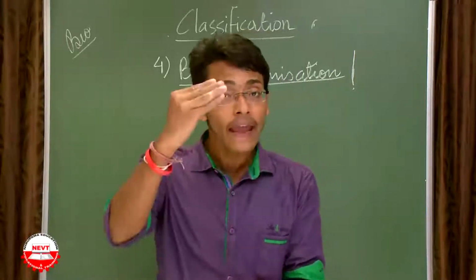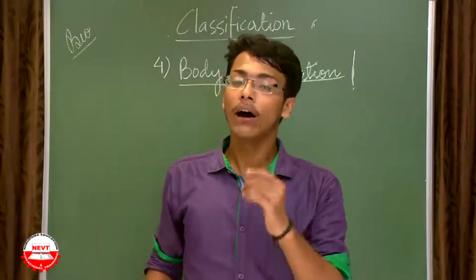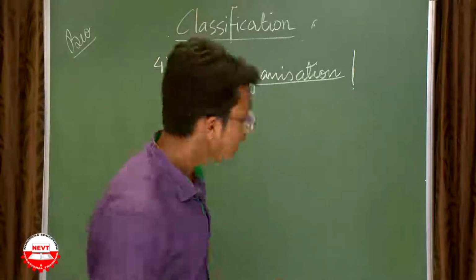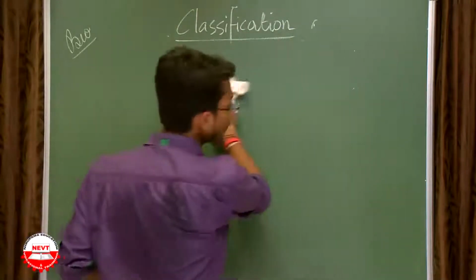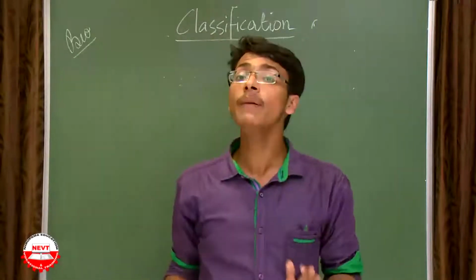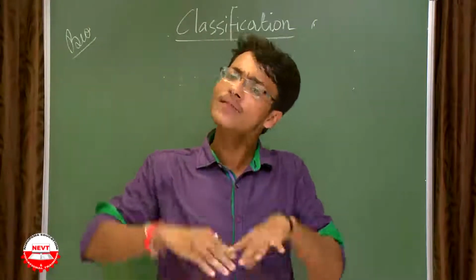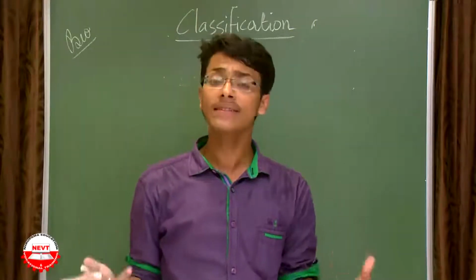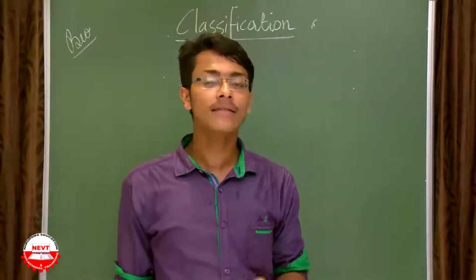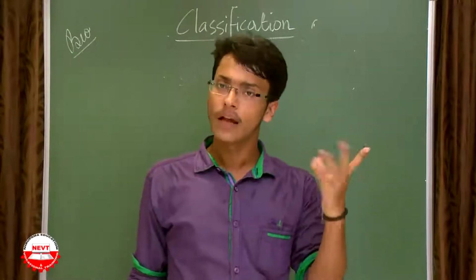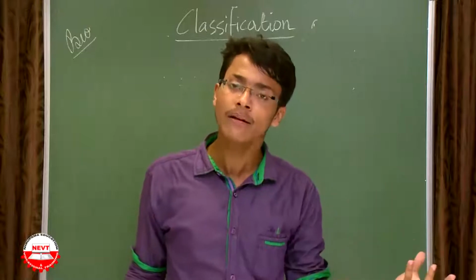So coming to the end of the first bit, our last portion is that plants and animals cannot be categorized on the basis of the same characteristics. Say for example, if I consider the characteristic of flowering, will you find flowering in animals?